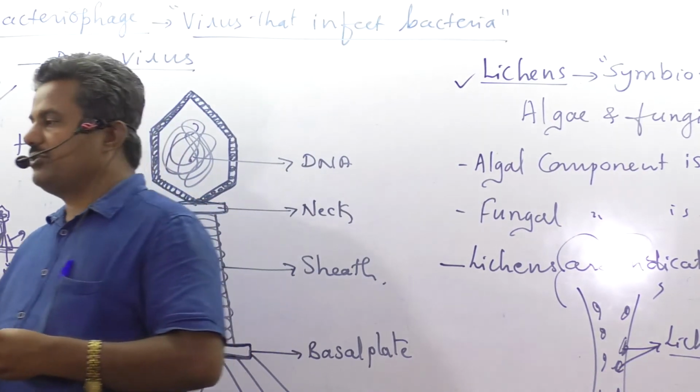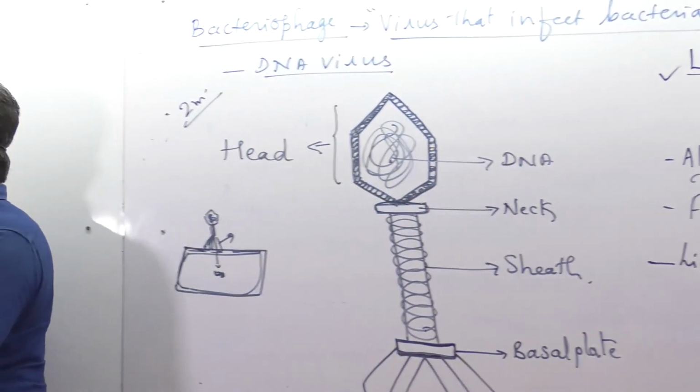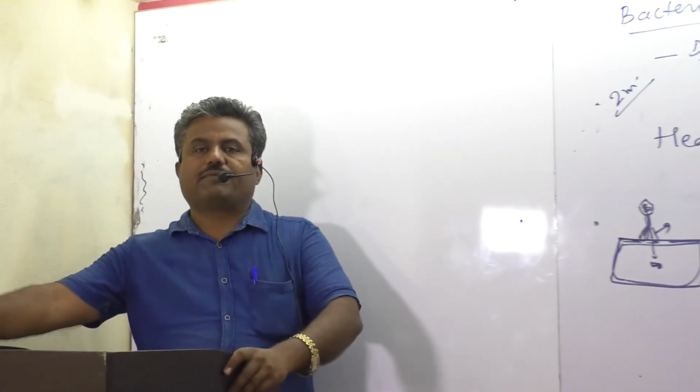So this is about the second topic, the biological classification, with detailed information about the 5 kingdom system, and next to that, acellular organisms that include prions, viroids, virus, bacteriophage. Okay, with diagrams and little information. You can solve some questions.